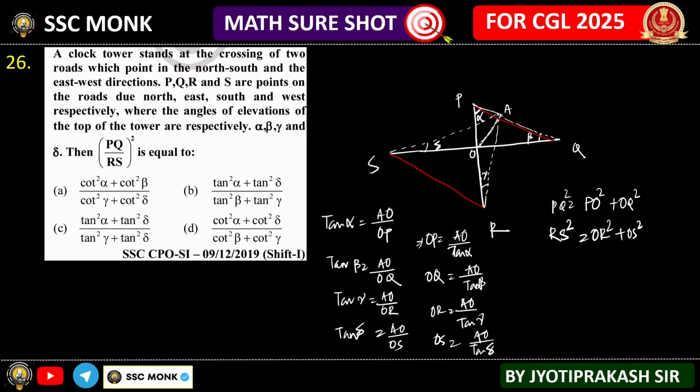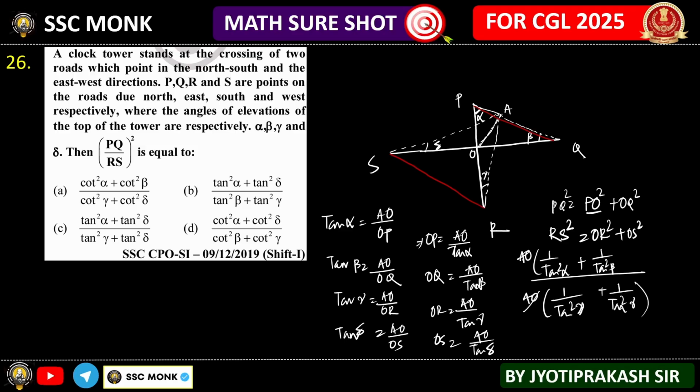See, simple. So when I put this here, PQ square divided by RS square: AO is common on the upper part, so it will be 1 by tan square alpha plus 1 by tan square beta, and below, AO common, 1 by tan square gamma plus 1 by tan square delta.